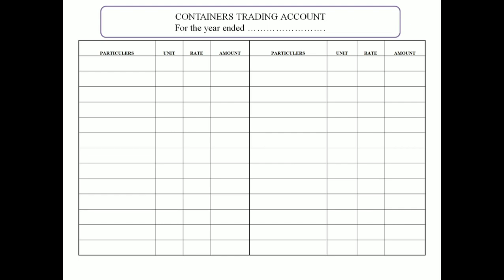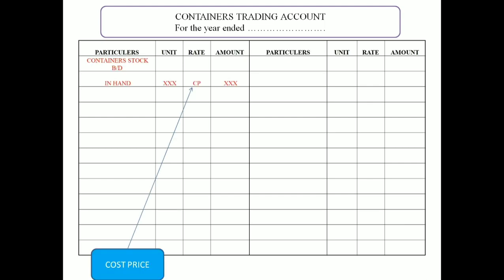Let us see how the entries are made in this account. The first item is containers stock on hand, the container stock brought forward, which is the opening balance carried from the last year. That should be recorded first.